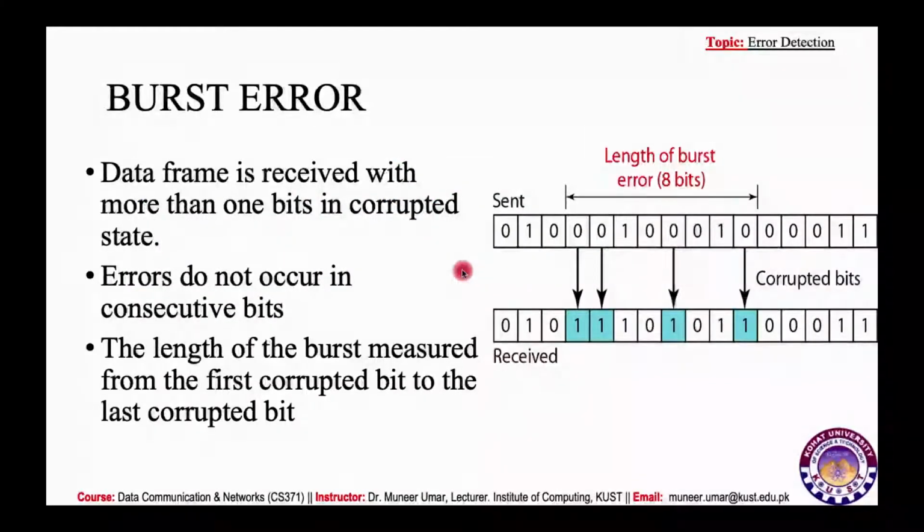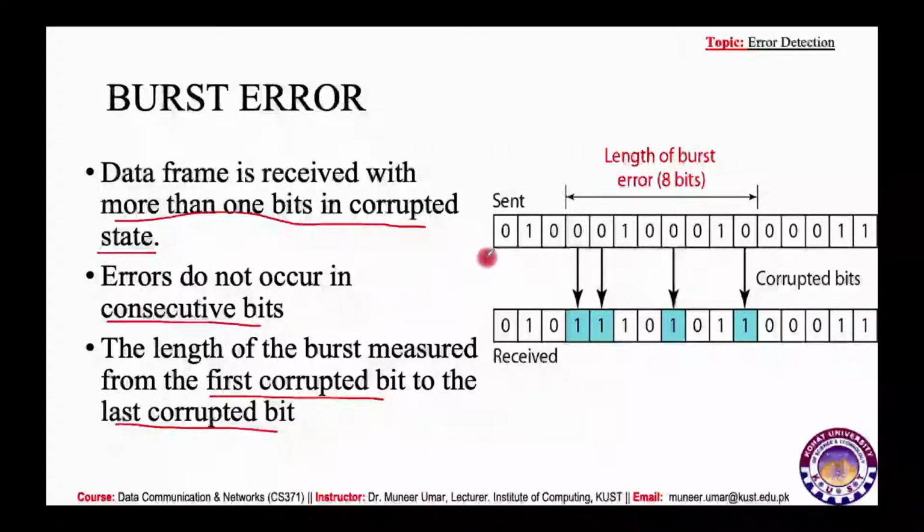Then we have burst error. Data frame is received with more than 1 bits in the corrupted state. Errors do not need to occur in consecutive bits. The length of the burst is measured from the first corrupted bit to the last corrupted bit.